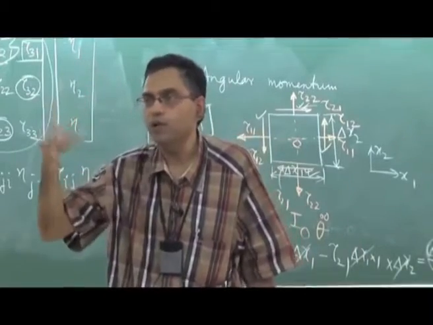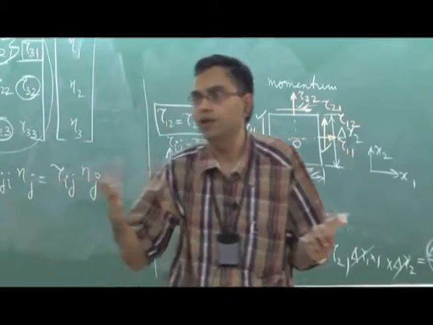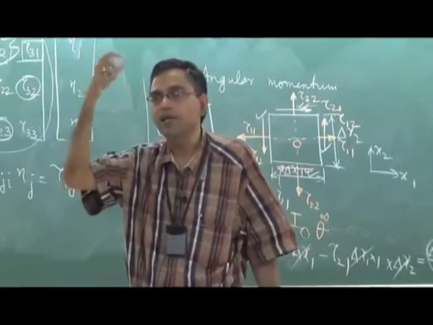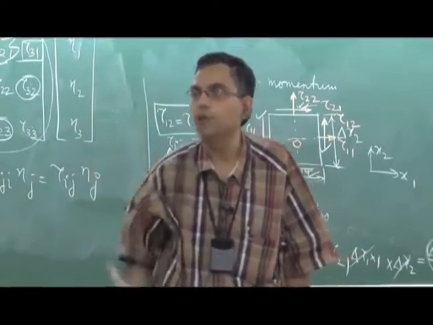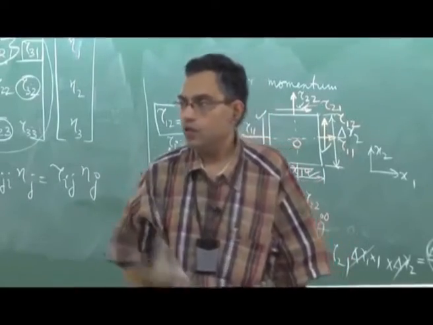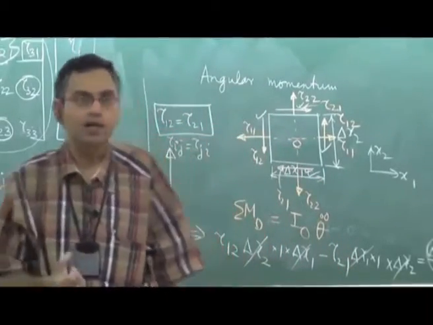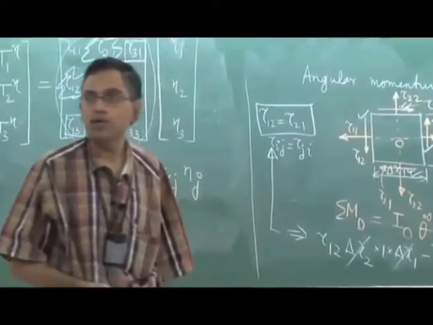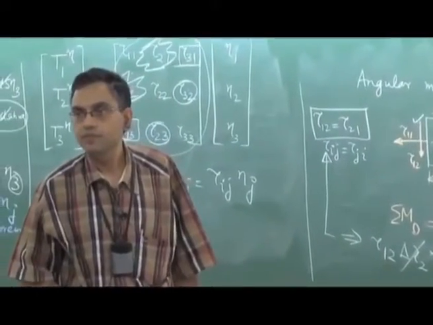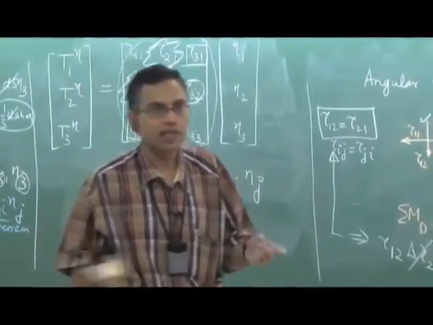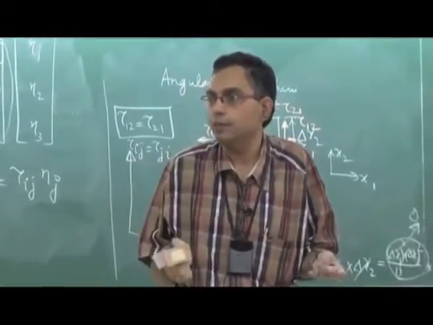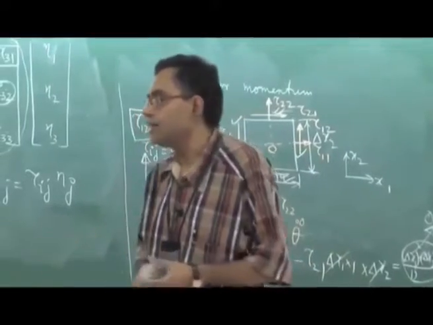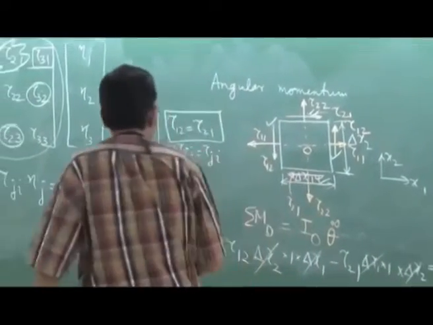Having a rotation in the flow does not mean that it can sustain body couple, but the particulate medium ensures that the fluid can sustain some body couple. So if the fluid can sustain body couple, then tau ij is not equal to tau ji. But here we are not considering that type of special fluid, but in general fluids cannot sustain body couple, so you will have tau ij equal to tau ji.